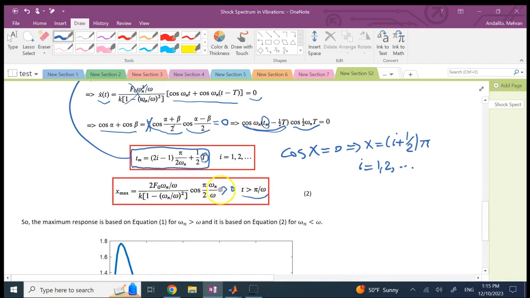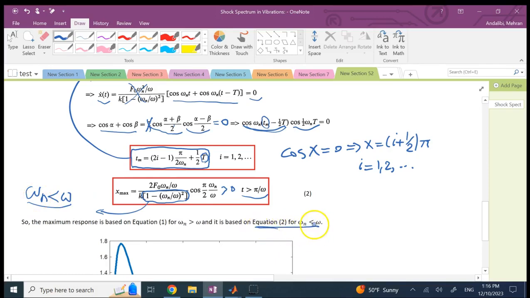So if that has to be positive, then this subtraction term cannot be negative. That means omega n has to be less than omega. If omega n is bigger than omega, that can be negative. So equation 2 is good when omega n is less than omega, or your excitation frequency is more than the natural frequency, as you can see.